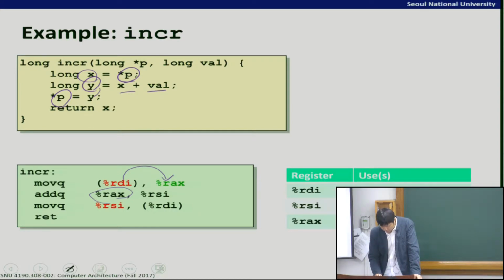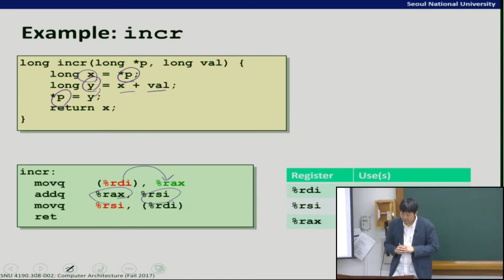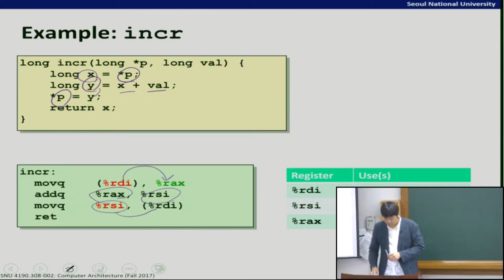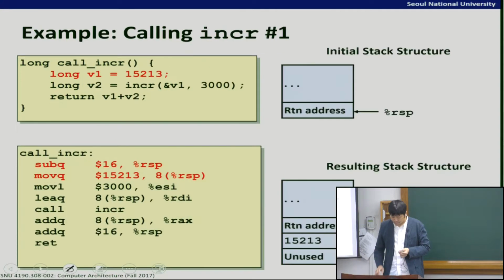Now this RSI register gets the sum of the two, right? And finally we store the value to the memory location pointed to by RDI, this pointer p, and we do return. This is the increment function, and let's define another caller function for this callee.